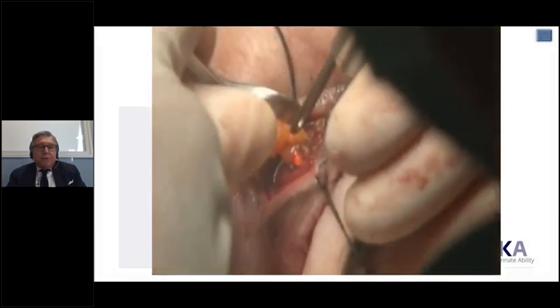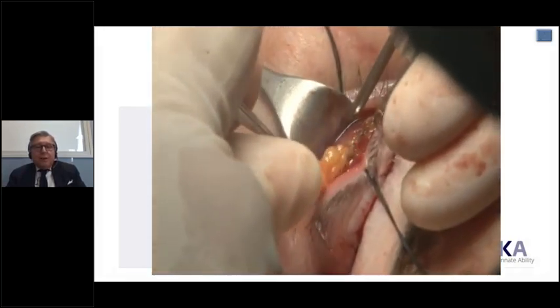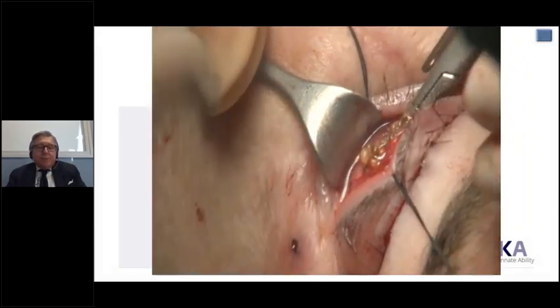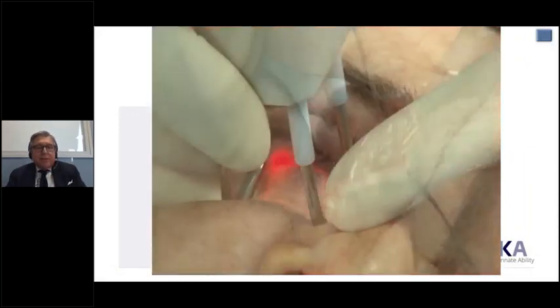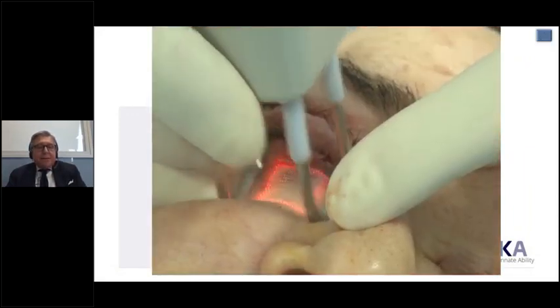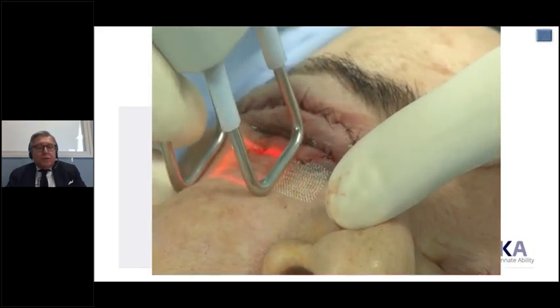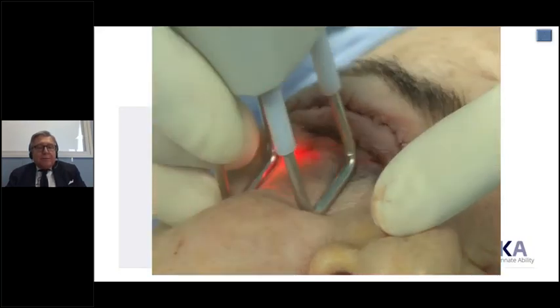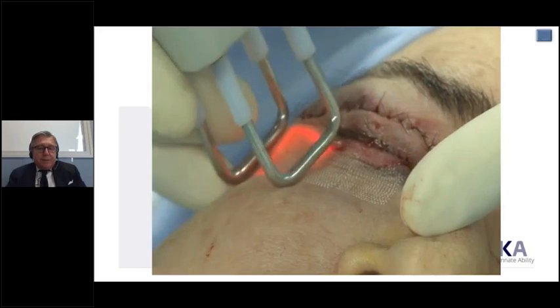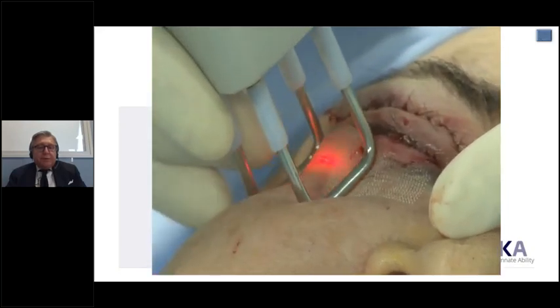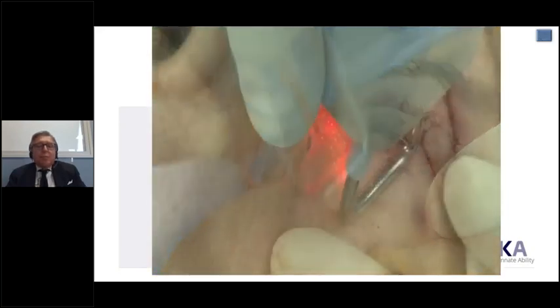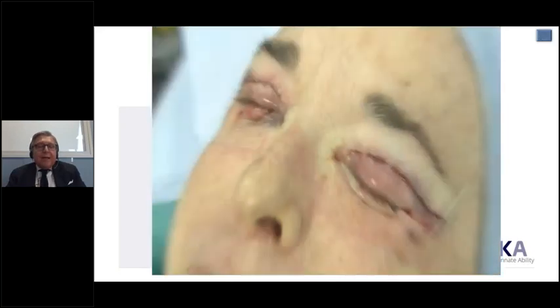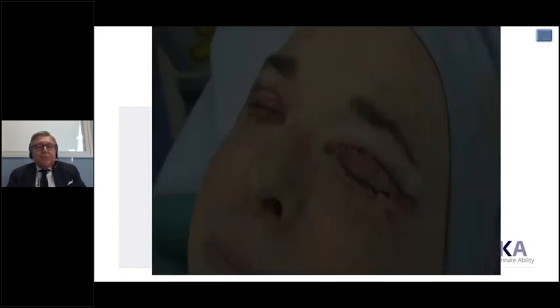You pull out all the fat, you coagulate the fat, you clamp sometimes some vessels that are open, and at the end, you use the fractional scanner by pulling down the skin a little bit, because normally when we remove the fat, we leave an empty area, and as a consequence, we have a laxity of the skin.